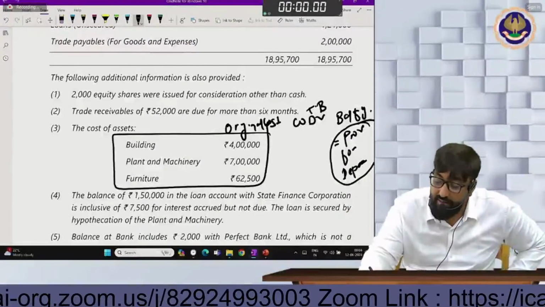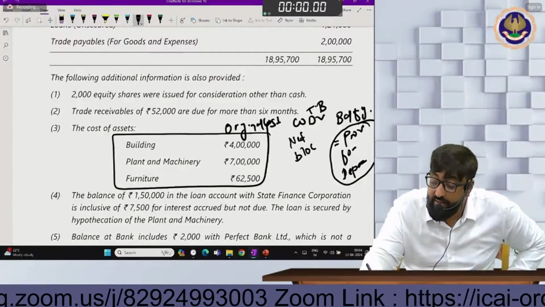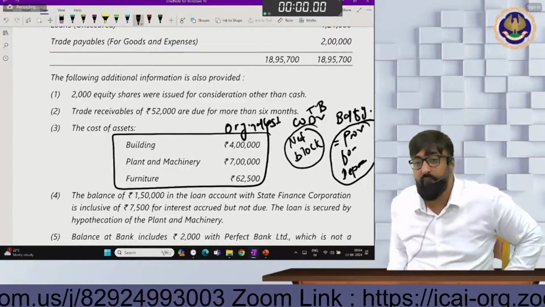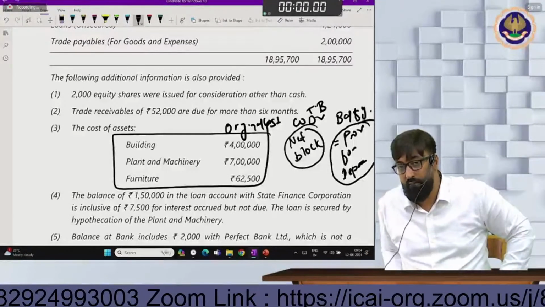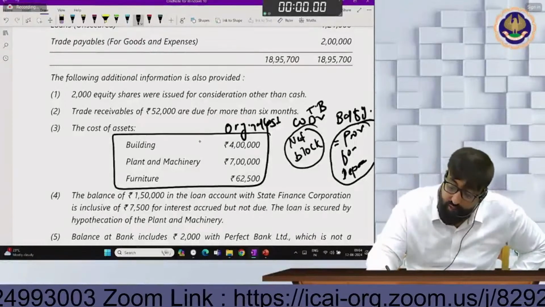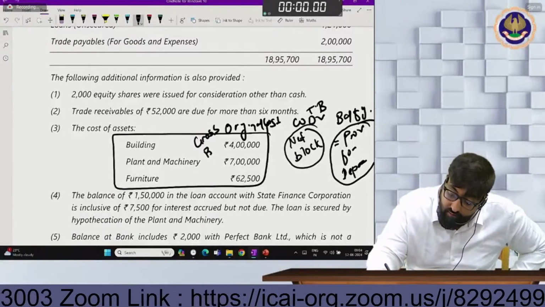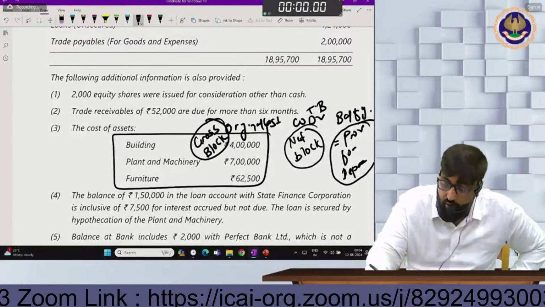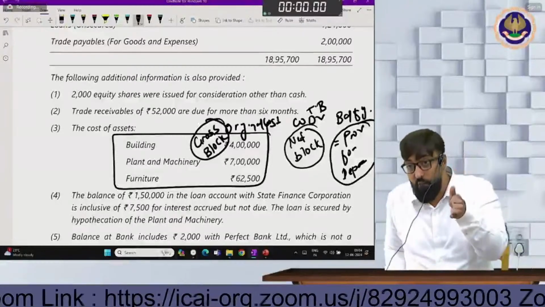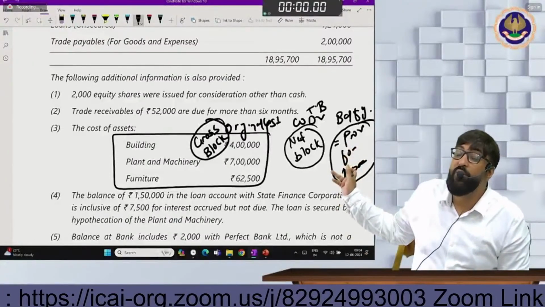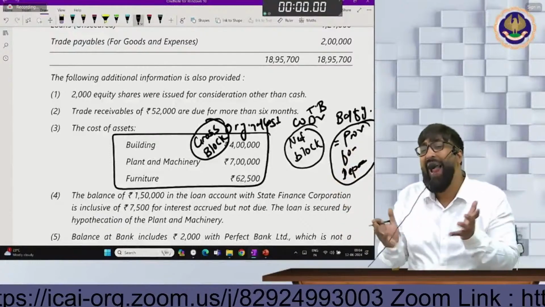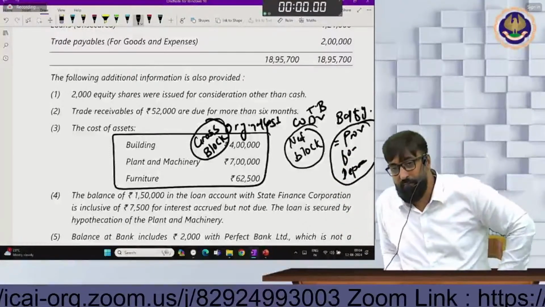WDV means, in real life, it is called net block. And the original cost we call gross block. So the difference between gross block and net block is called provision for depreciation, that is, accumulated depreciation.